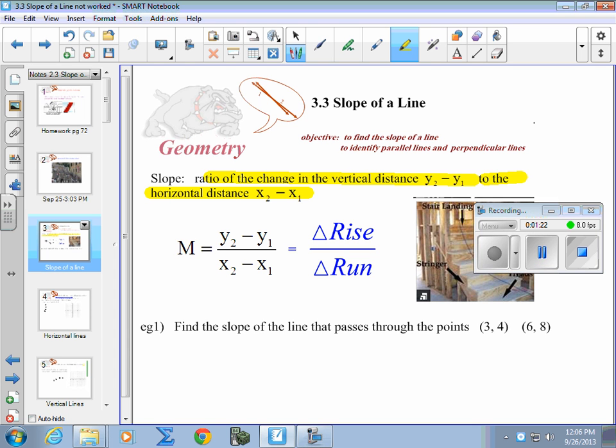The equation for slope is m is equal to y sub 2 minus y sub 1 over x sub 2 minus x sub 1. Remember, if you look at a graph, the y-axis is the vertical distance, and the x-axis is the horizontal distance. That's why the equation for the slope is y sub 2 minus y sub 1 over x sub 2 minus x sub 1.